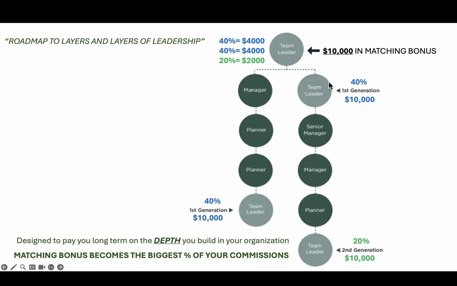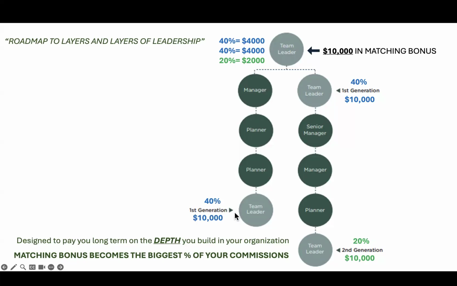So the best way I can put it is, based on their rebate, open group, and retail sales, let's say your first generation team leader here generated $10,000 in commissions. If I'm getting 40% on my first generation, 40% of 10 grand, then I'm taking $4,000. Now let's just say over here, on the 4th level, this guy went team leader, but there's no other team leader in between us, so that will make him the first generation team leader.